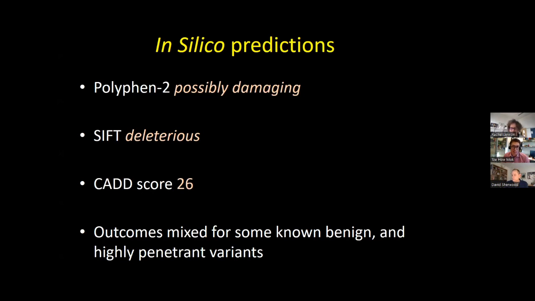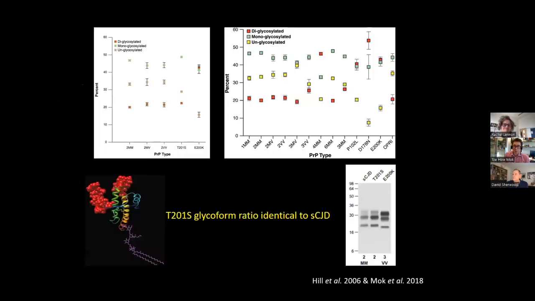However, when we put the other known benign and highly penetrant prion protein gene variants through these tools, the outcome was mixed. So overall, we felt that in silico predictions are not particularly useful for calling pathogenicity in PRNP variants. So what did we do?